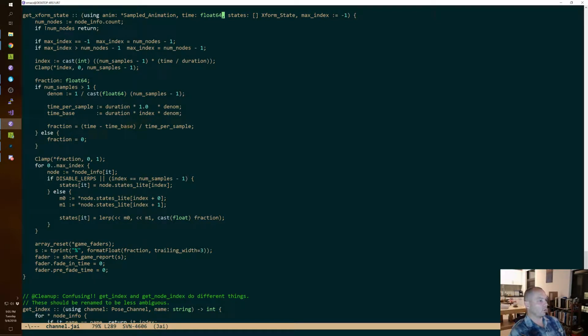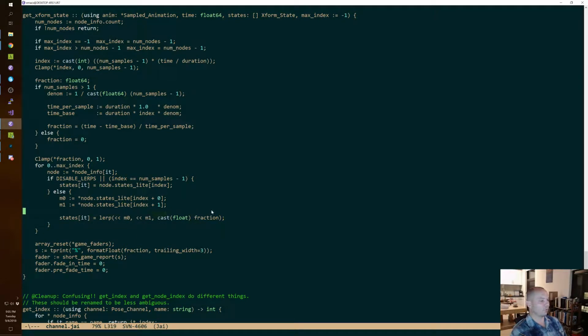So we're even doing the fraction in double precision, which may not be necessary, but that's what we have. So if we're disabling lerps, then we ignore that fraction and we just grab state index. Otherwise, we get the state for index and the state for index plus 1, and we do a lerp between those.